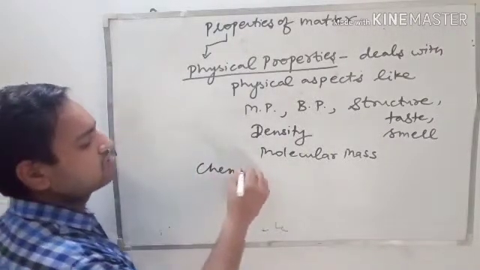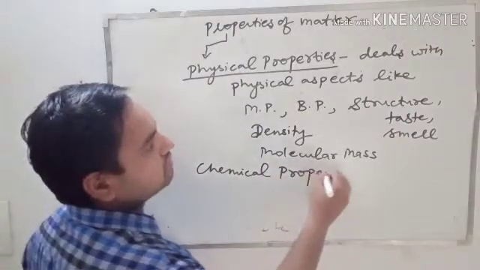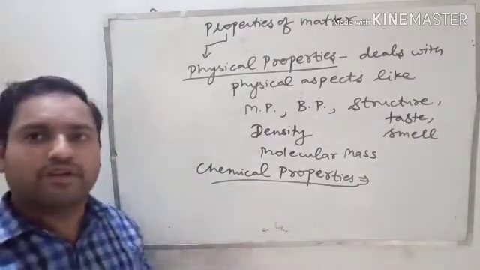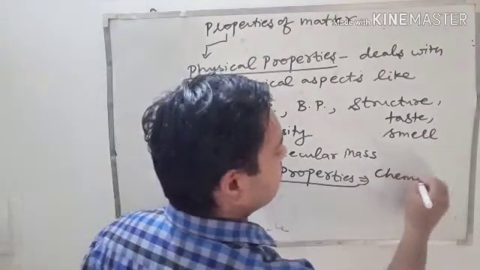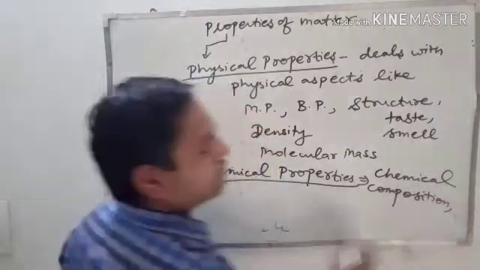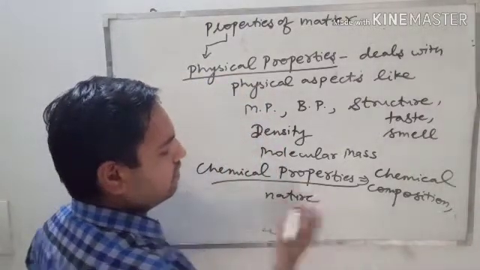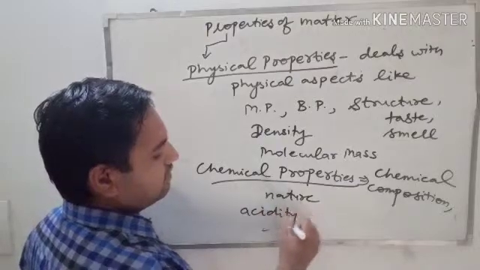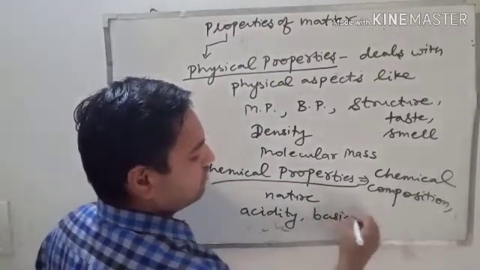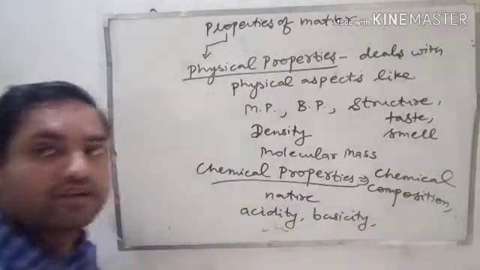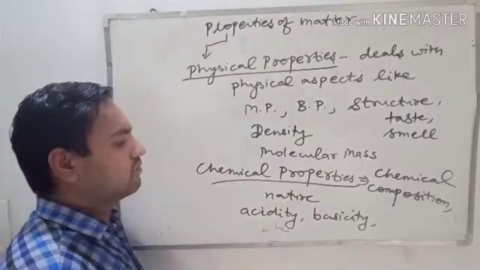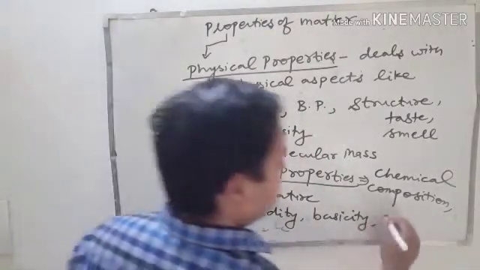What are the chemical properties? Chemical properties cover the chemical aspects, chemical composition, nature, what is the acidic character, what are its acidic properties, its basicity, or chemical reactions.